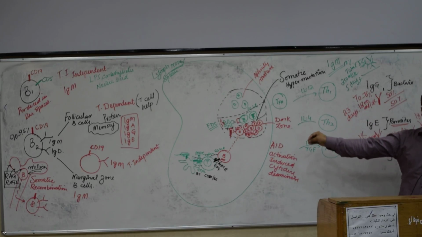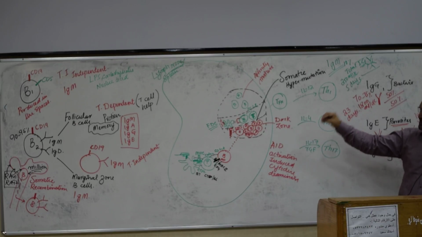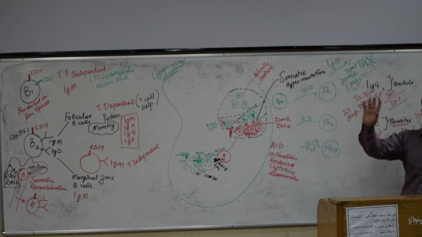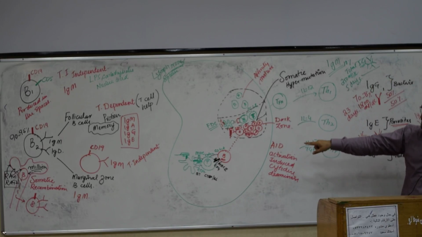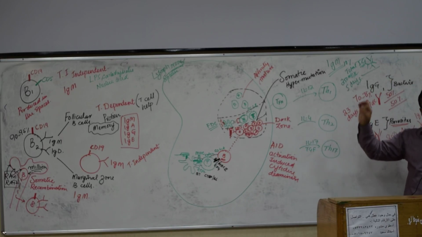Every time a signal comes to produce antibodies, these B cells will just produce IgM every time. Whatever pathogen comes, a parasite comes, IgM, a virus comes, IgM. So these patients keep on producing IgM. That's why their IgM levels are very high. Hyper IgM syndrome is a result of CD40 ligand disturbance.